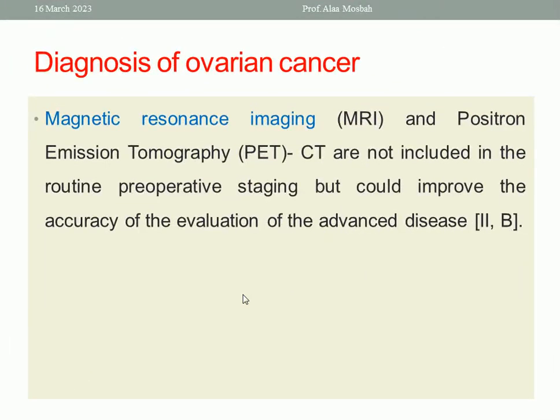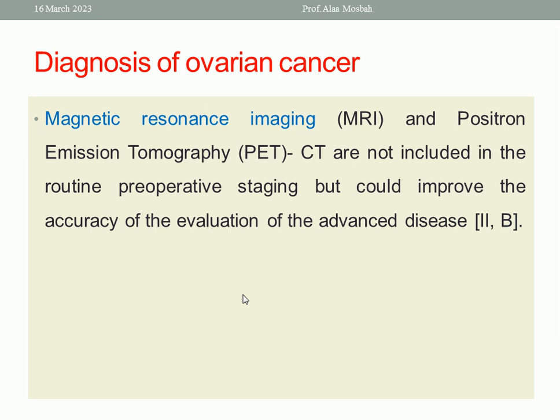What about MRI and PET scan? Magnetic resonance imaging and the positron emission tomography CT are not included in the routine preoperative stage. So it is not a routine work to do MRI or PET scan, but could improve the accuracy of the evaluation of the advanced disease.